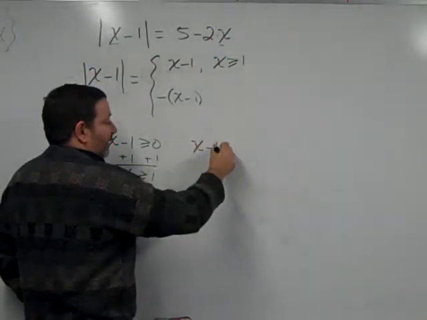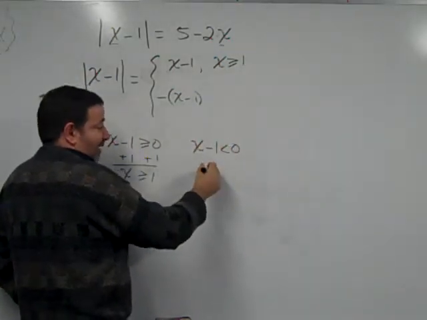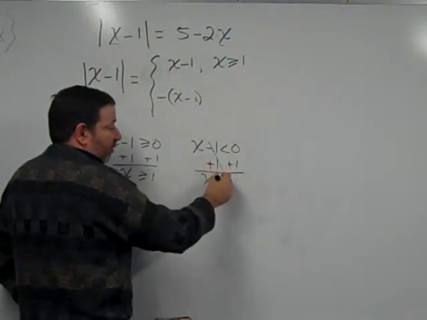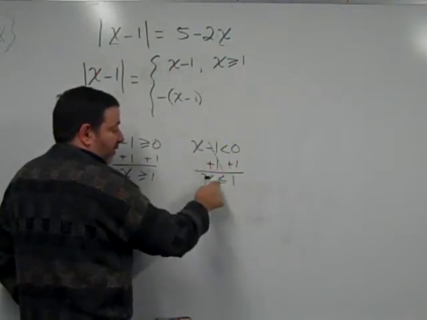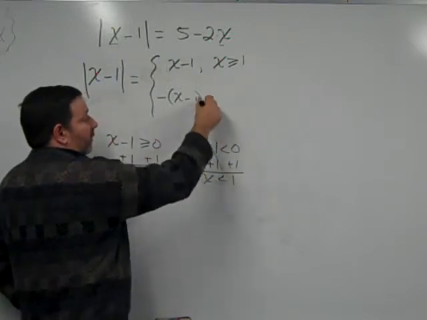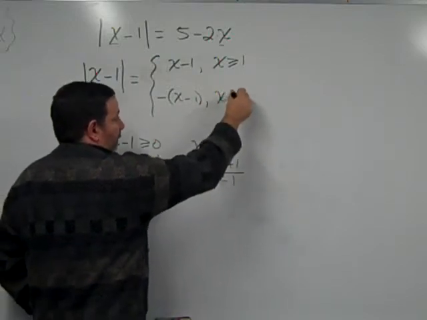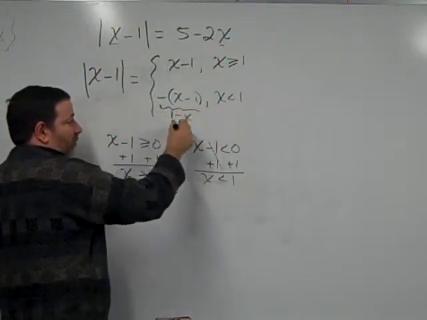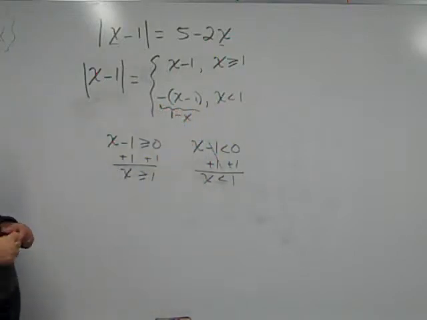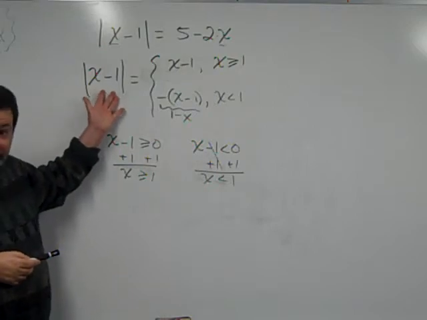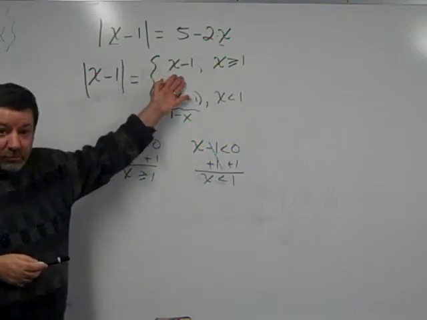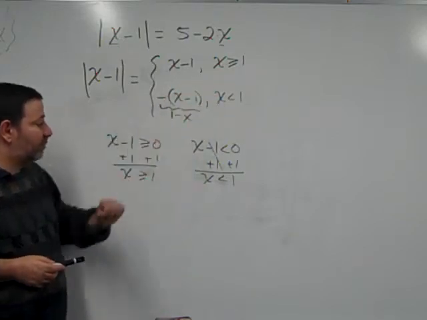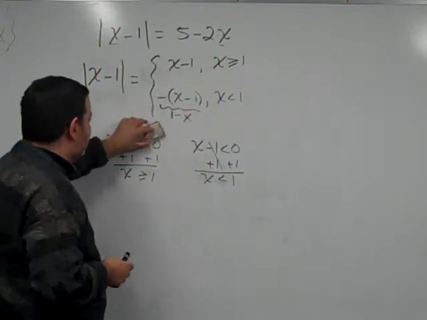If you need to write that down, when is it negative? The answer is when x is less than 1. And for the record, this here is the same as 1 minus x. So sometimes the absolute value of x minus 1 is x minus 1. Sometimes it's 1 minus x. Depends.